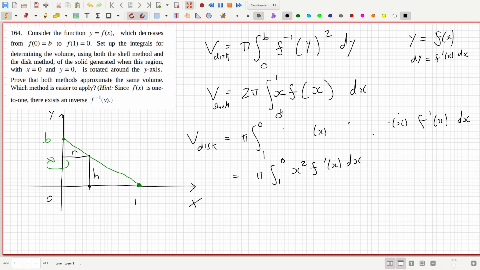Another substitution is in order. If I said u equals x squared f of x, then du dx would be 2x f of x plus x squared f derivative of x.